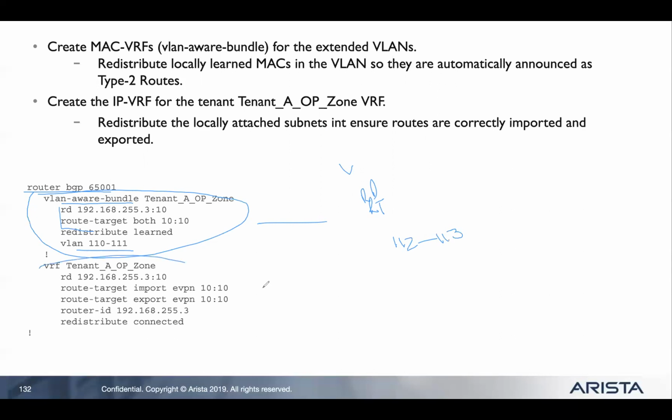And this is the VRF tenant IP VRF configuration, which is nothing but import and export route target and redistribute connected. And here it's redistribute learned. So as soon as you learn the MAC address or ARP, you will advertise that as a type 2 route. And here, as soon as there is a connected interface subnet in this VRF, you will advertise that route as a type 5 route.